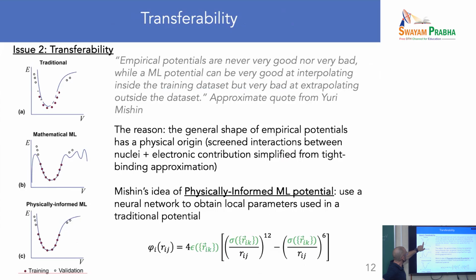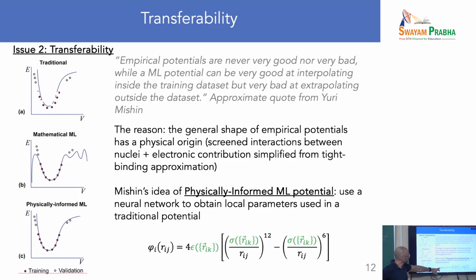Even in the training database, you will not be exactly on the points. But if you go outside the training database and do extrapolations, it will not be perfect, but it will not be very far off. Machine learning potentials, in particular the early versions of neural network potentials, were extremely good on the database, but they can really give you crap outside of the database.